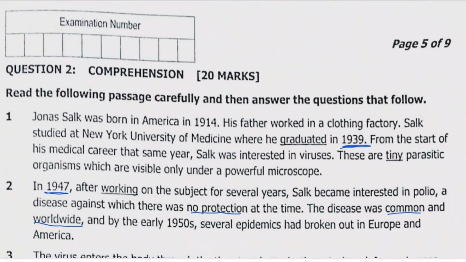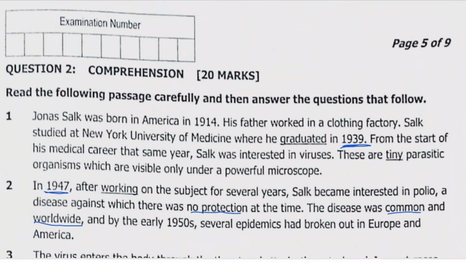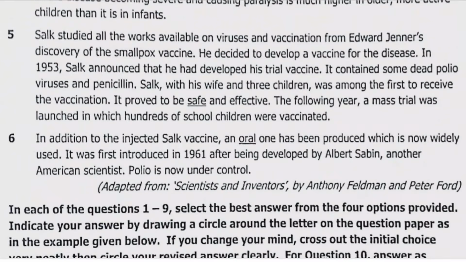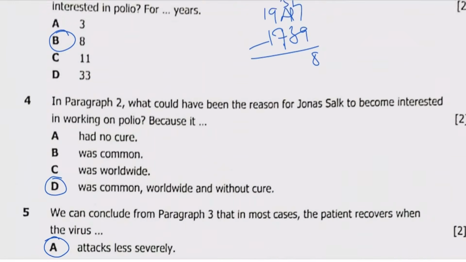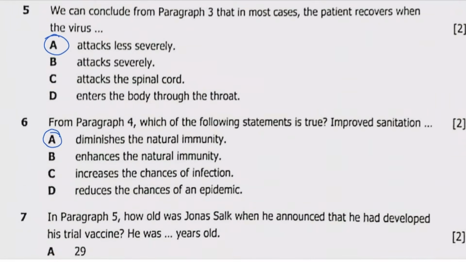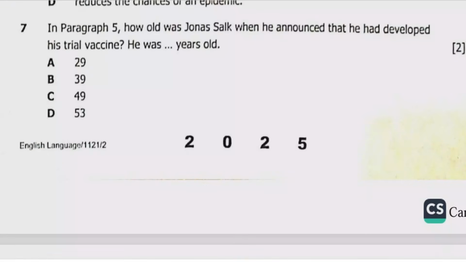Then when was he born? Salk was born in 1914. So 1953 he announced, so let's do the calculation. Here we do simple mathematics. Salk announced in 1953 and he was born in 1914.